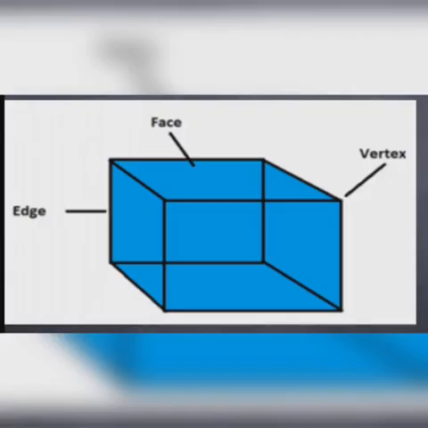What is the meaning of edges? The lines are called edges. Totally how many lines are there? 1, 2, 3, 4, 5, 6, 7, 8, 9, 10, 11 and 12.